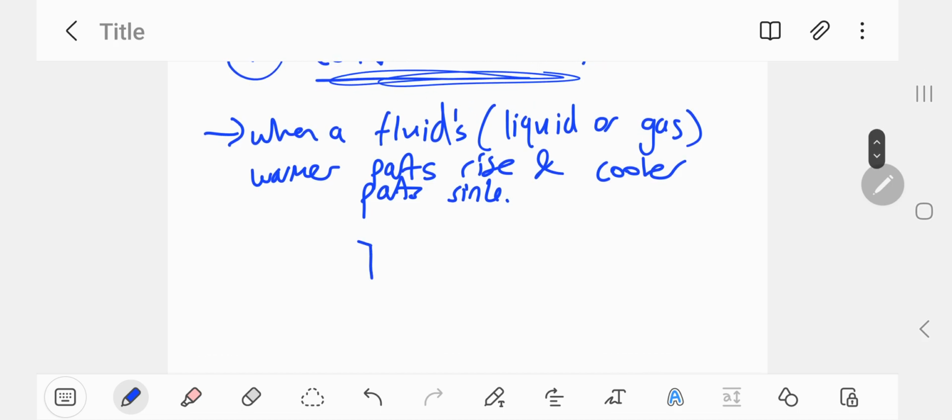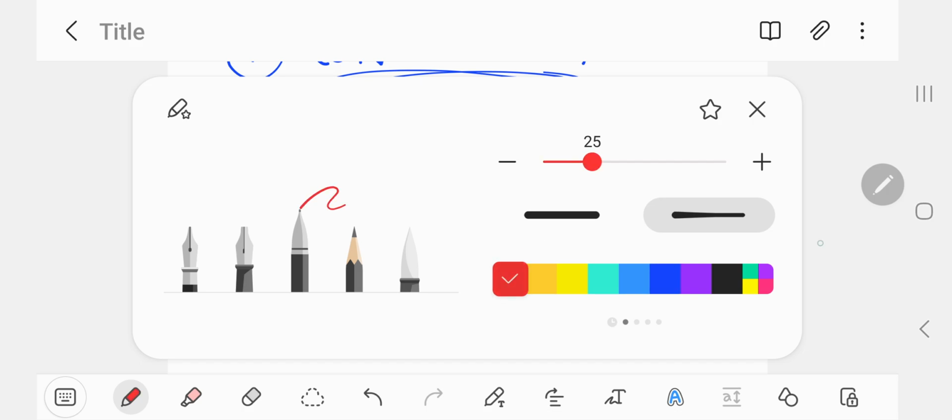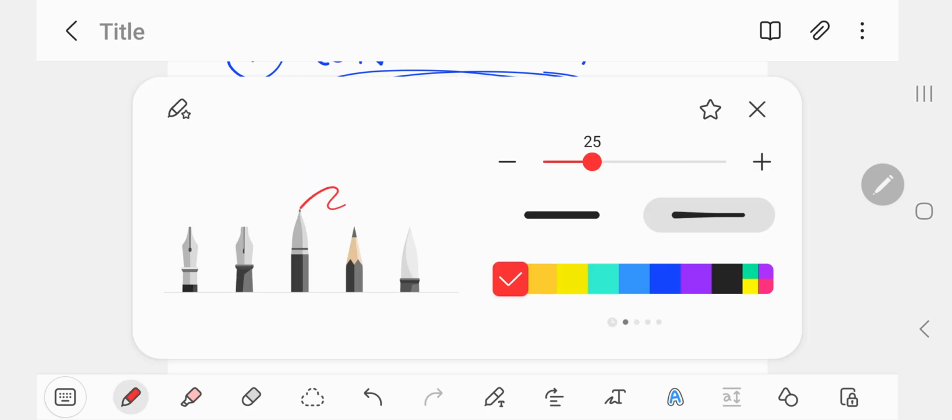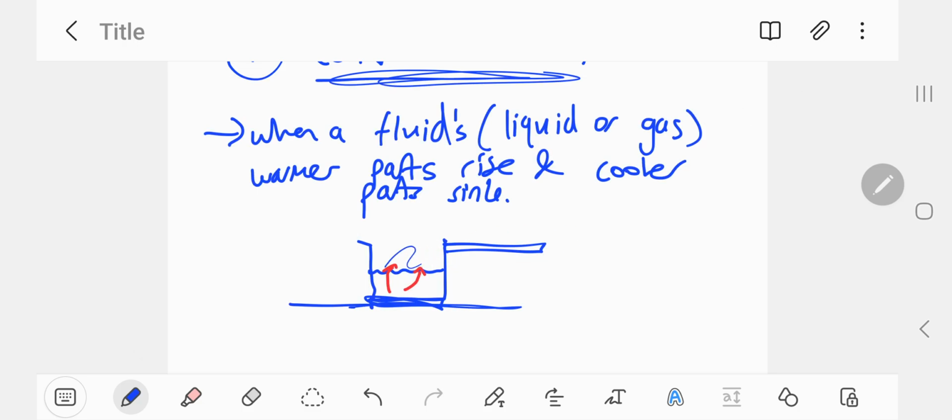Okay, just picture a saucepan on a stove. Here's a stove. So they've got water inside it. So as the water boils, the hotter parts, the warmer parts rise and the cooler parts sink.